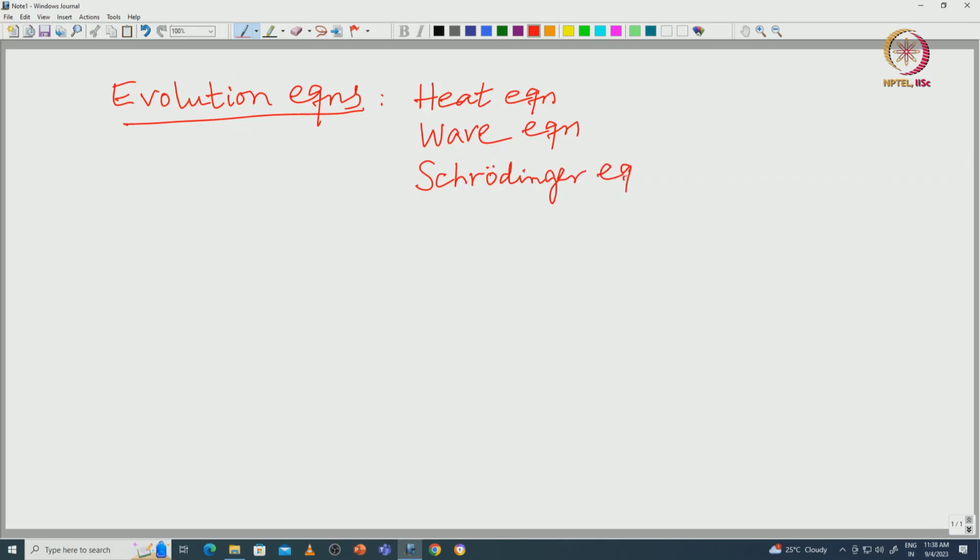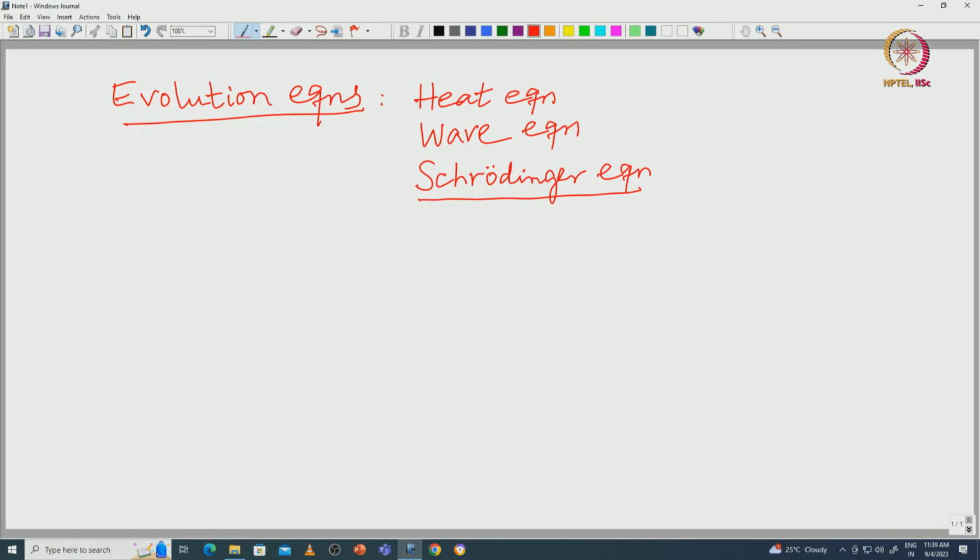So actually you do not have a classification for this equation, but because of its importance in describing the dynamics of a quantum particle, we have included this, and this falls in the category of evolution equations.